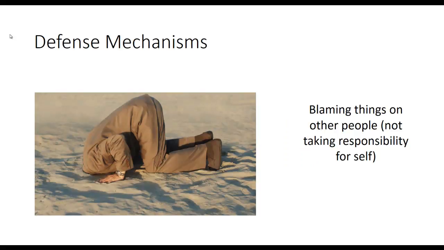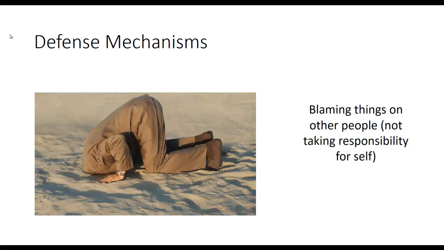All right, defense mechanisms. A defense mechanism is commonly referred to as a negative thing, and we're going to do an activity with this. Basically, a situation occurs, and instead of dealing with it in a mature and healthy way, you make a choice to deal with it in an unhealthy way. Defense mechanisms can be a lot of different things.